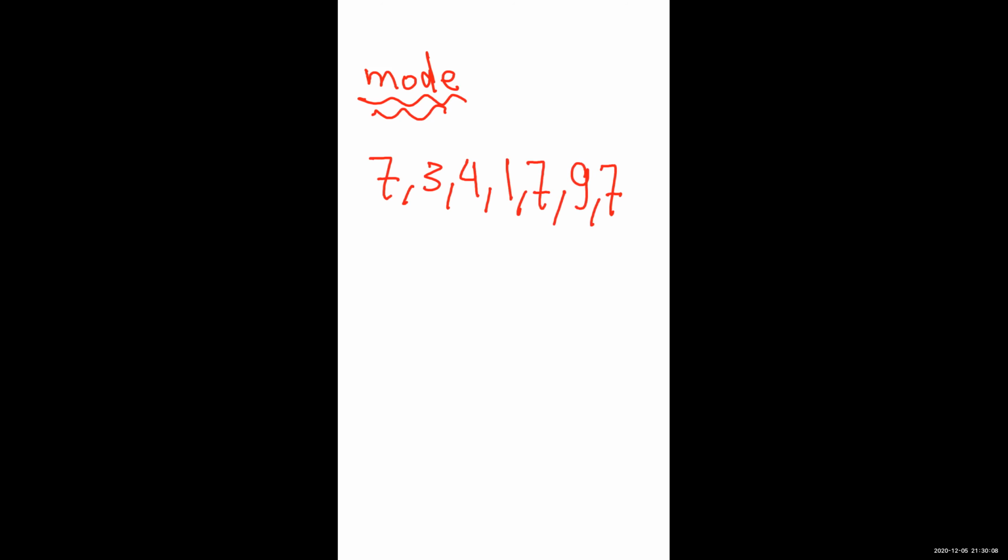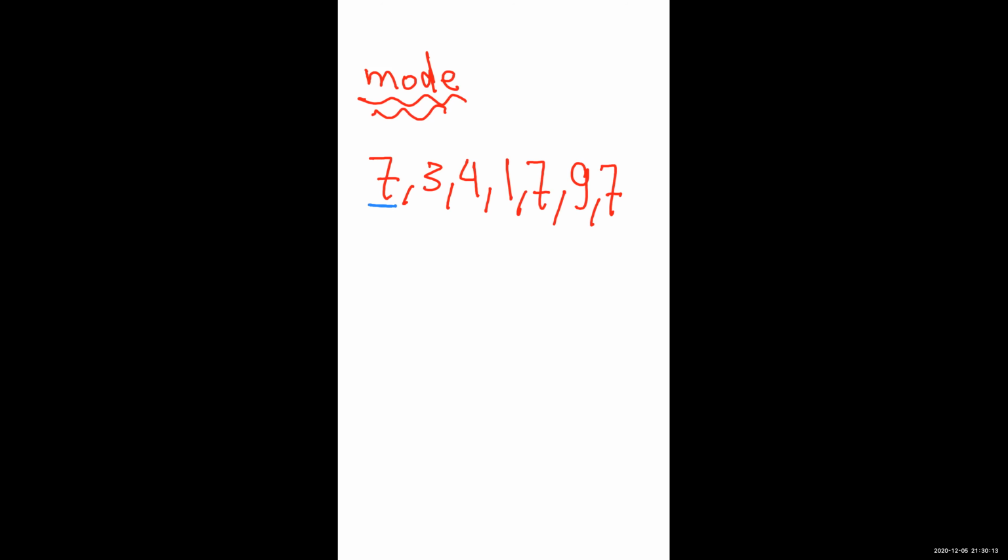Let me clear the board. Actually, guys, we also studied the mode before as the mode of a set of values. The mode of a set of values is the most common value in the set, I mean the most repeated value. So if I want to get the mode of some values like 7, 3, 4, 1, 7, 9, 7, I check these numbers.